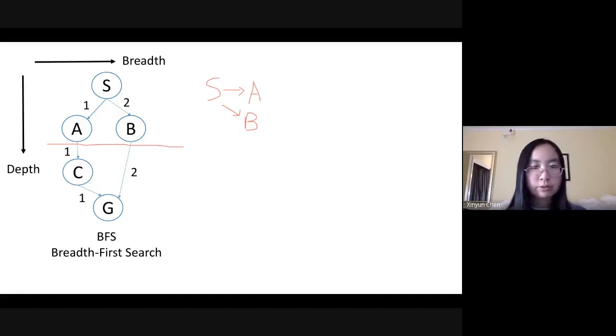Then from A we will proceed to C, and from B we will proceed to G, and finally from C we will proceed to G. So we cover the two possible paths here. The order is S first, then A B, then C G. This is breadth first search.